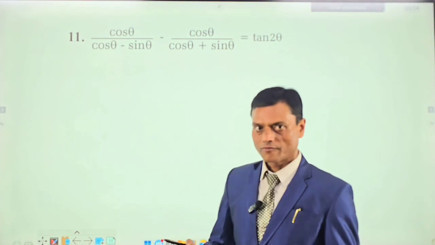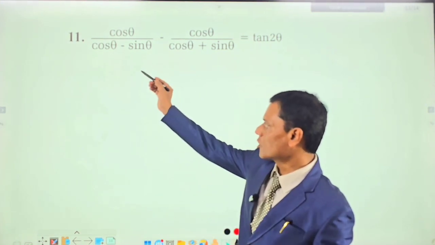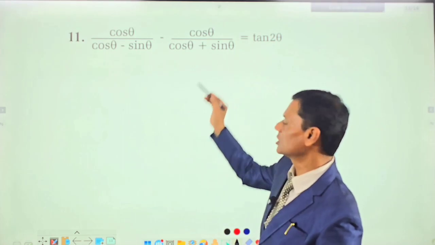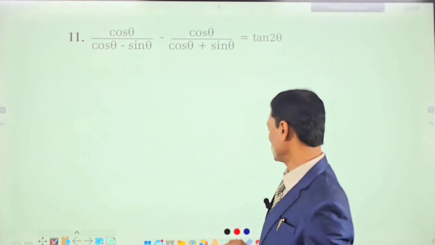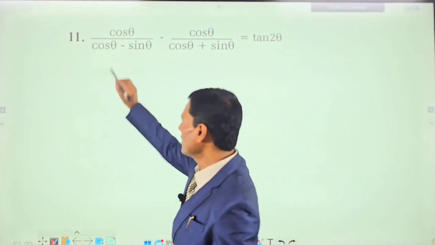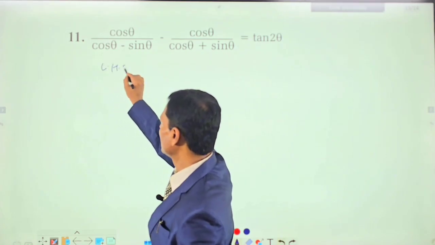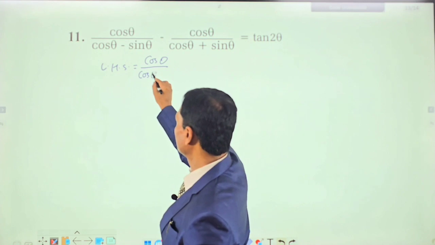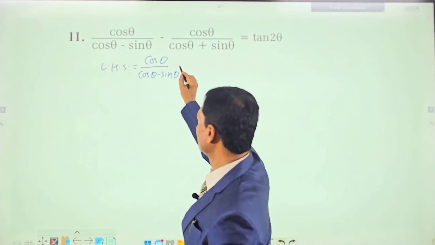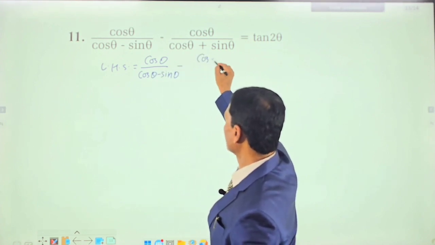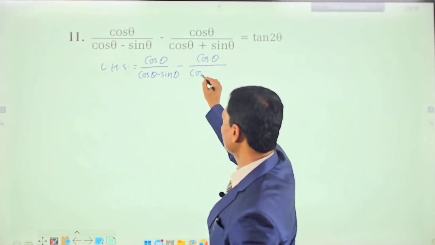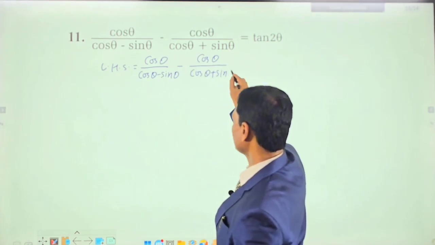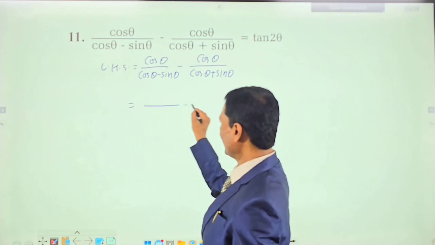Next question of this part, we have cos theta over cos theta minus sin theta minus cos theta over cos theta plus sin theta equals tan 2 theta. So we are going to choose the left hand side. Left hand side we have cos theta over cos theta minus sin theta minus cos theta over cos theta plus sin theta. LCM.